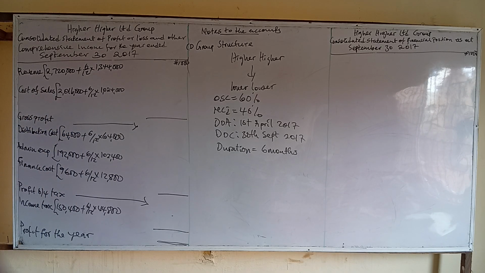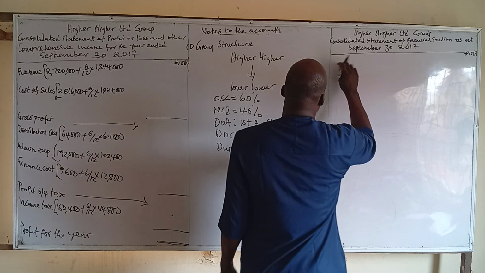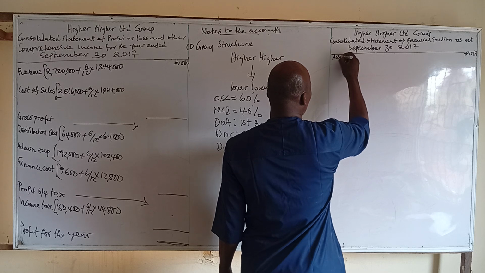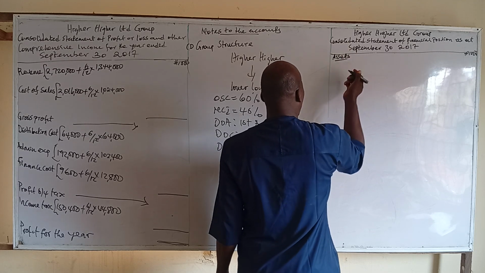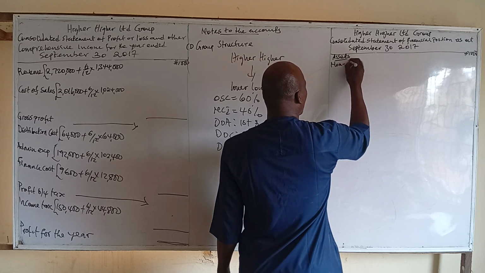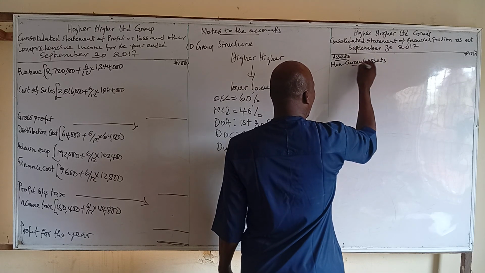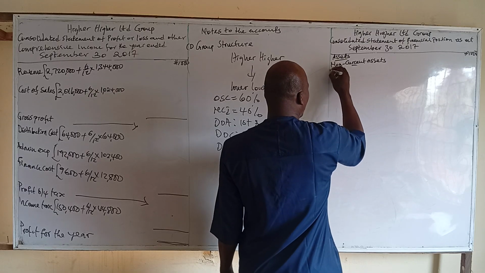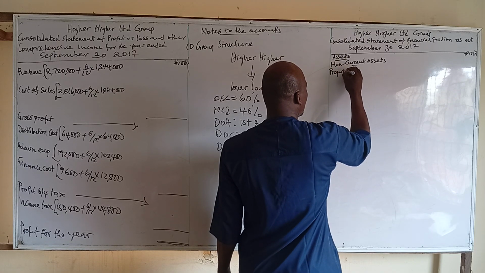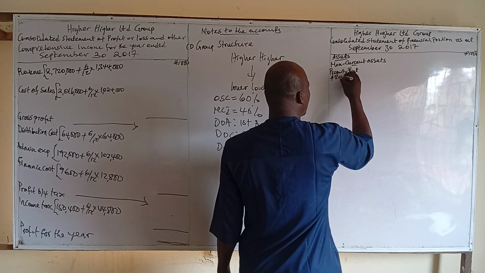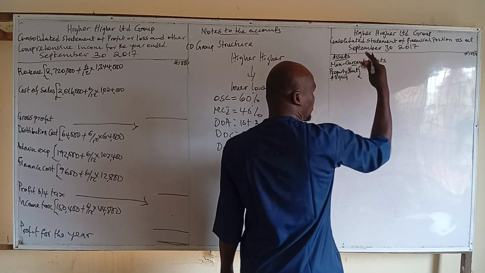Now the presentation of this SFP. Let's do this one. We have assets. What do we have here? Non-current assets, PPE, property, plant and equipment. Open a bracket, we are consolidating in full.